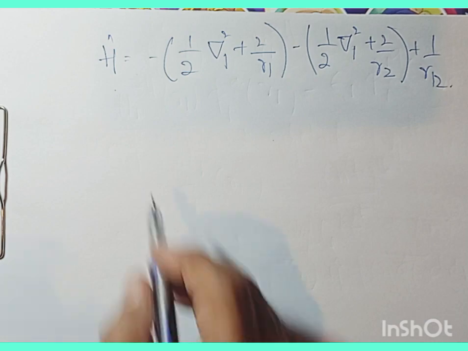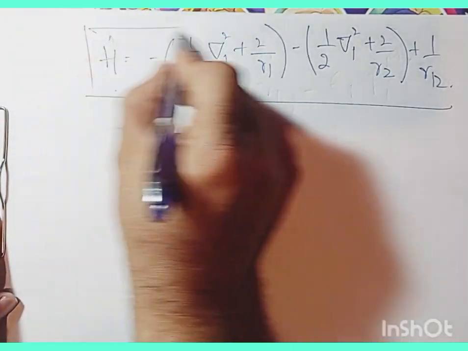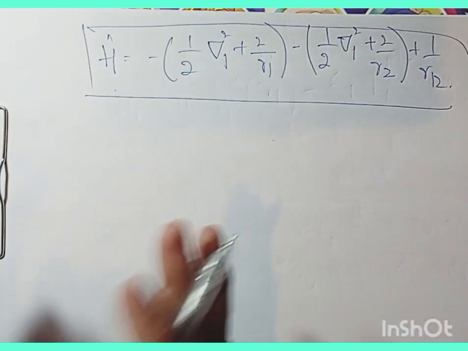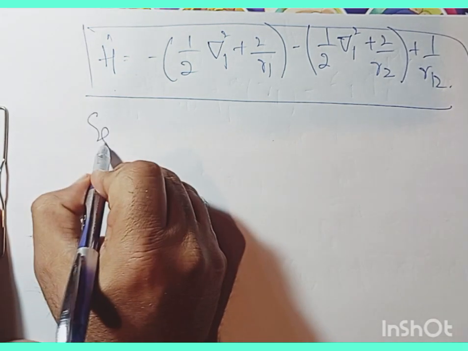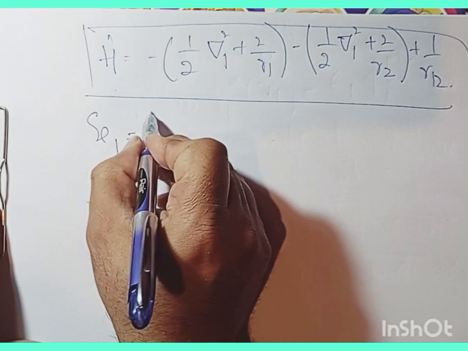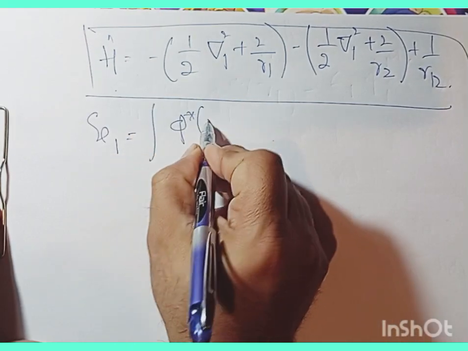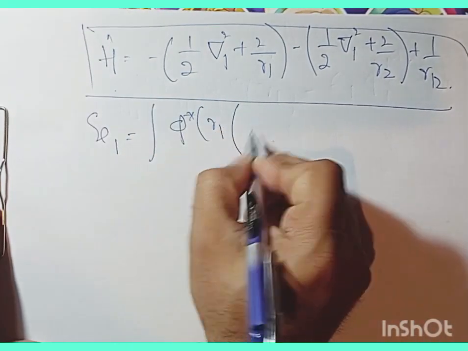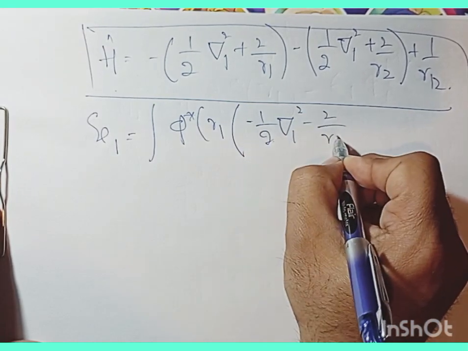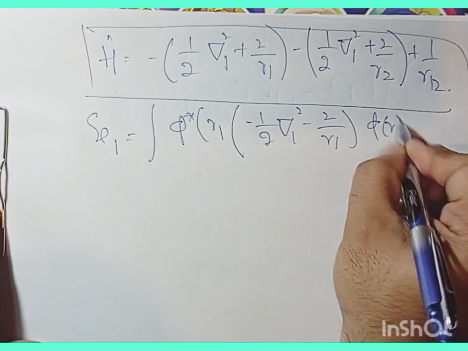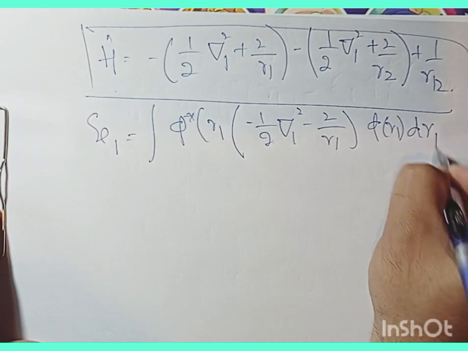Now, this Hamiltonian we can break into three parts. The first part, say I call that zeta 1, will be the integral of phi star of R1 times minus 1 by 2 del 1 squared minus 2 by R1, then phi of R1 dr1.